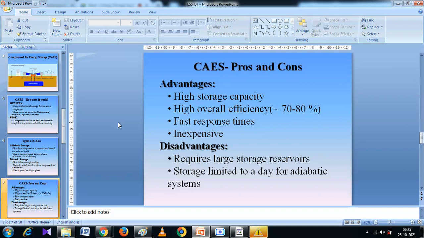That is high, like pumped hydro storage, and it also has high storage capacity, because the abandoned mines are big, so we can store a huge amount of energy or high volume of compressed air.